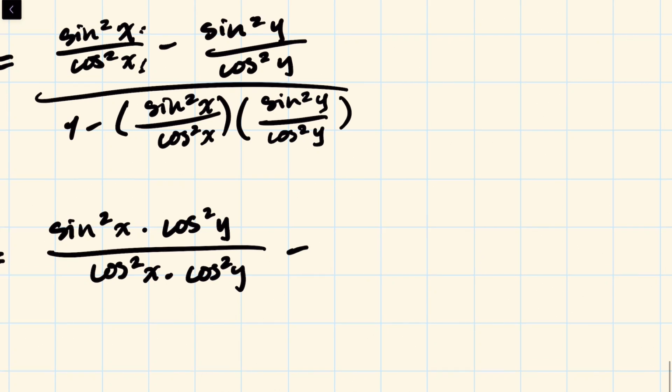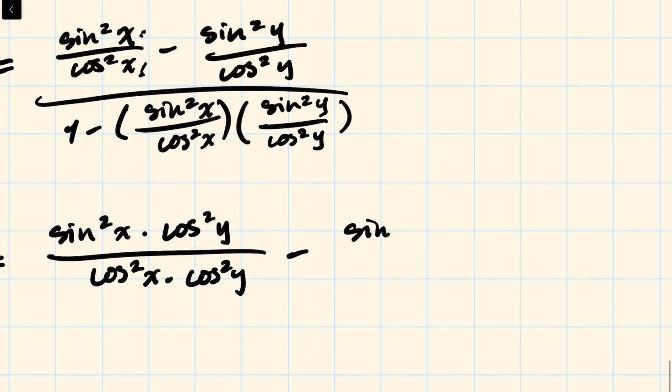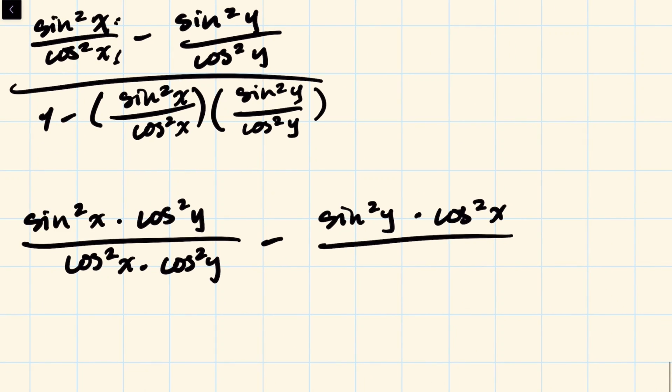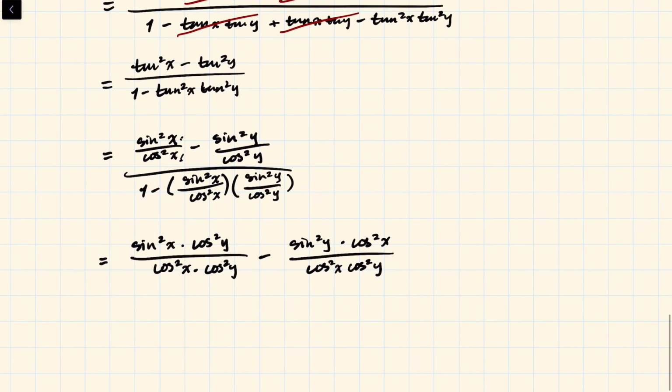And that's going to be subtract sine squared of y multiplied by cos squared of x over the same thing, cos squared of x cos squared of y.